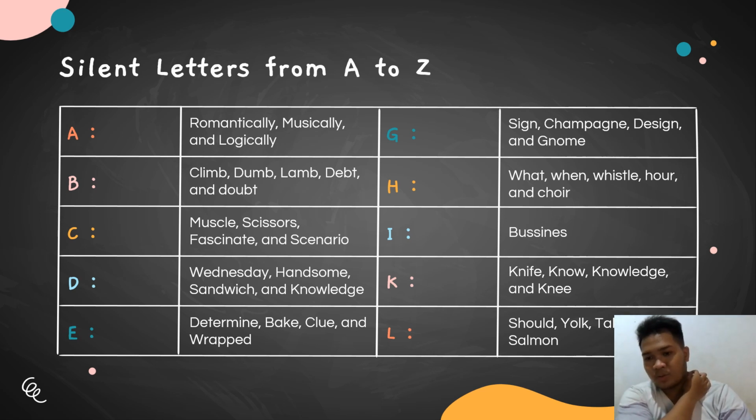Well, if you ask me, where are the words of J? Well, ladies and gentlemen, the letter J is always pronounced. It is not included in the silent letters for each alphabet. So the letter J was not included in the silent letters. Okay.